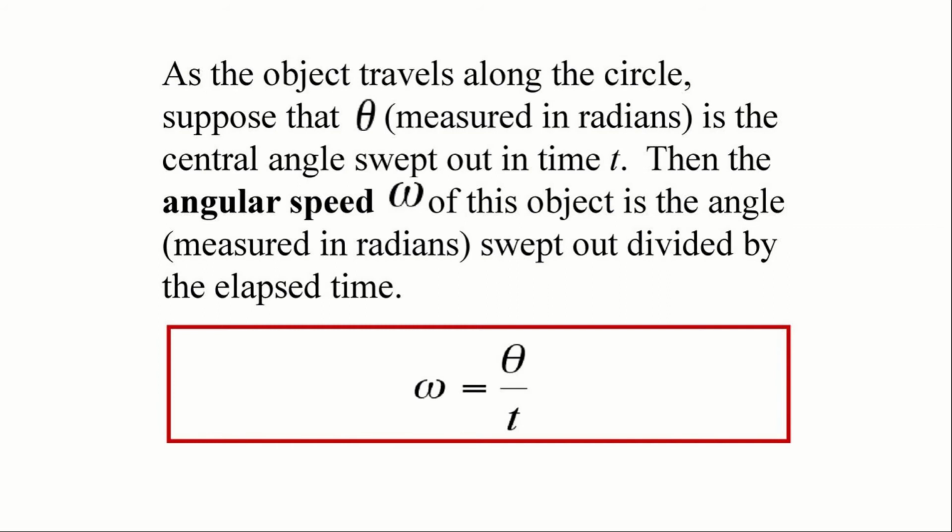Then the angular speed, denoted ω or omega, of this object is the angle measured in radians swept out divided by the elapsed time, that is ω = θ/t. So linear speed v is equal to s/t. Angular speed ω is equal to θ/t.